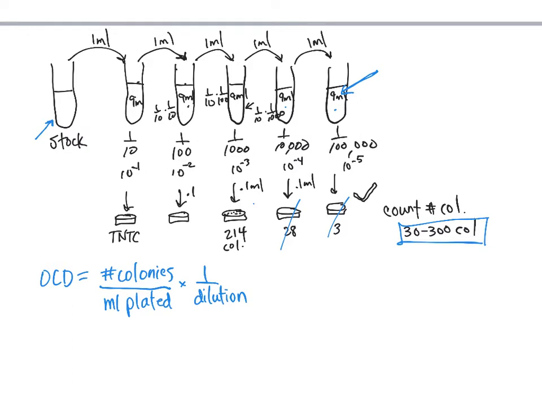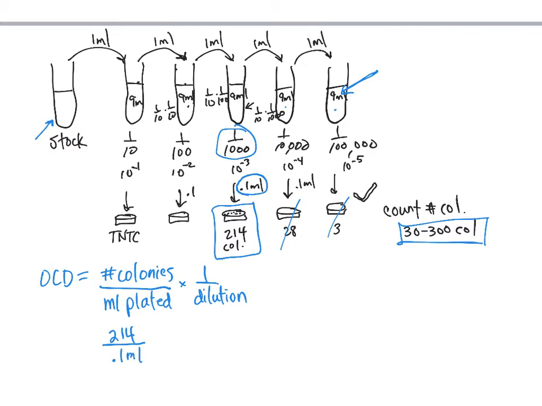All right, so we're going to use this plate here and this corresponding dilution because this is in our countable range. All right, so using those numbers, we got 214 colonies. The mils plated, that's how much we took of our dilution and put it on our agar plate. So in this case, remember, just a drop or two, 0.1 mil.